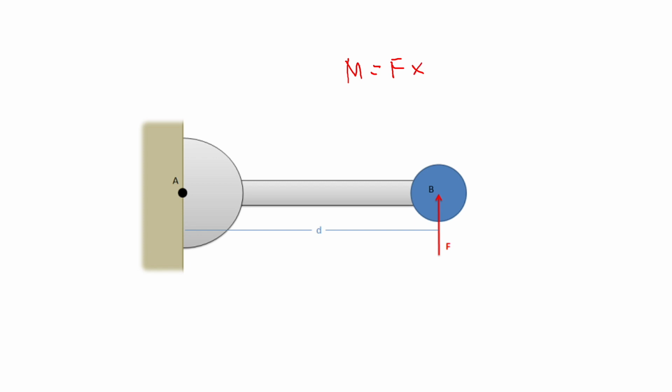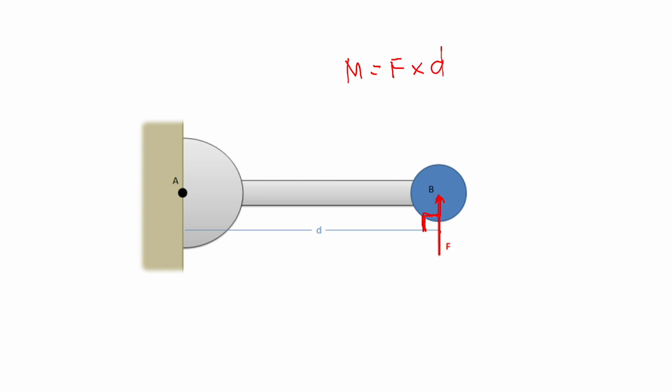Again, D is the perpendicular distance between A and the line of action, which is the line represented by the arrow here. Since the line of action and D are perpendicular, that's what we're getting.